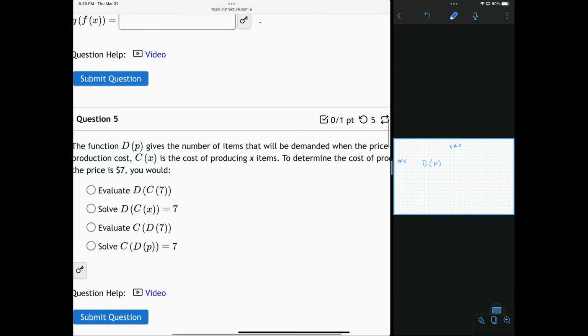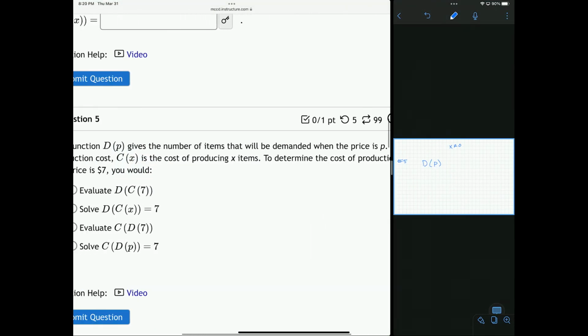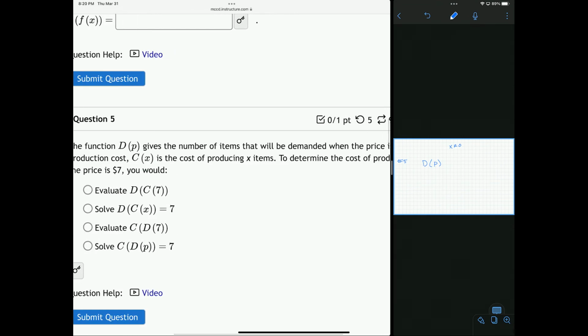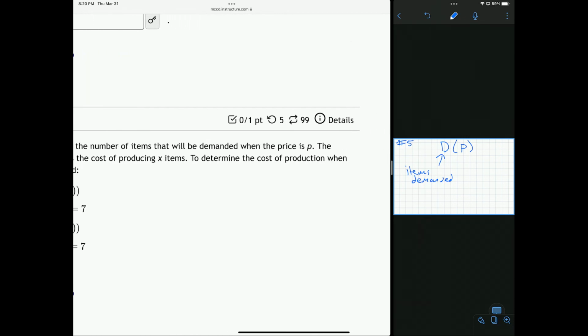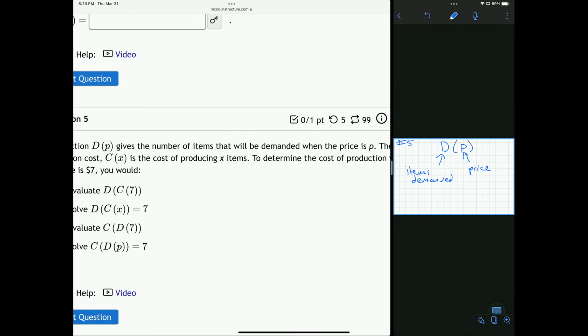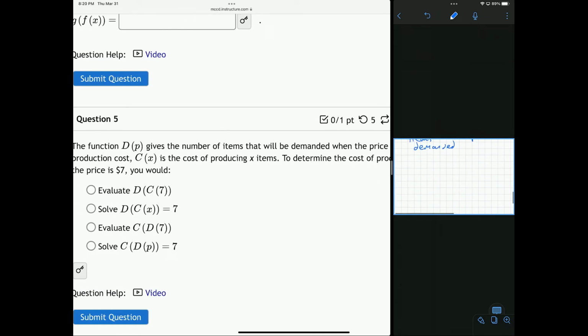The d and the p mean something. d is the number of items demanded when the price is p, and c of x is the cost of producing x items.